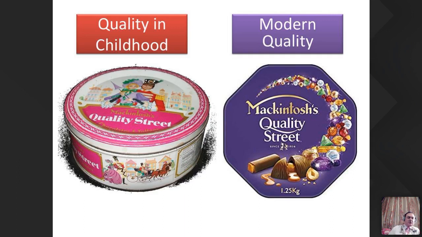In my childhood, I used to have the same Macintosh, the Quality Street, as you could see. The same street, but it changed. The picture is different, and instead of being circular, it is now more design friendly, with more unified colors.